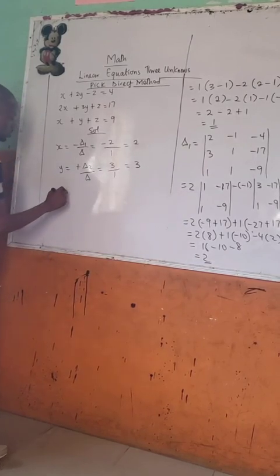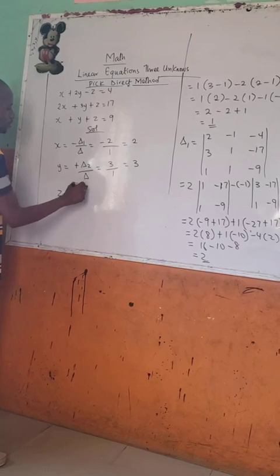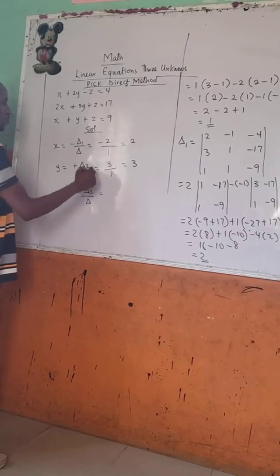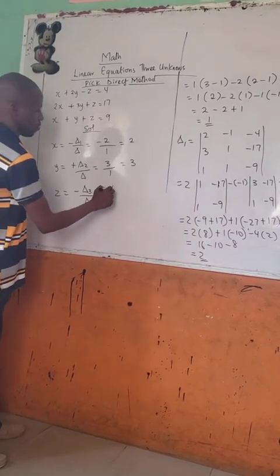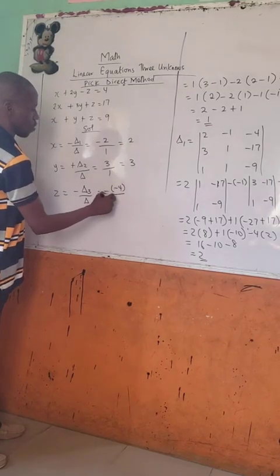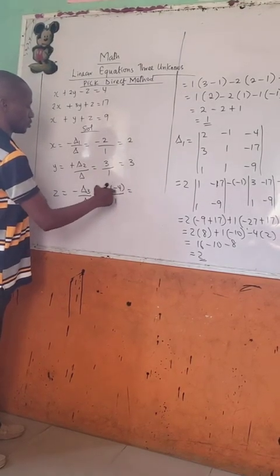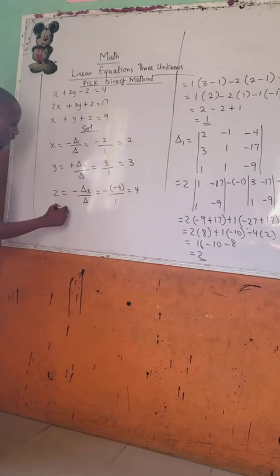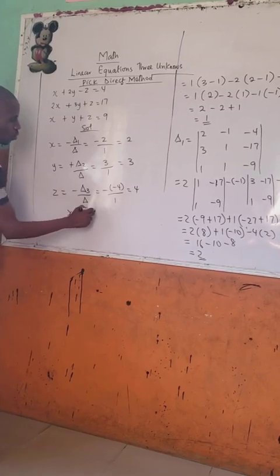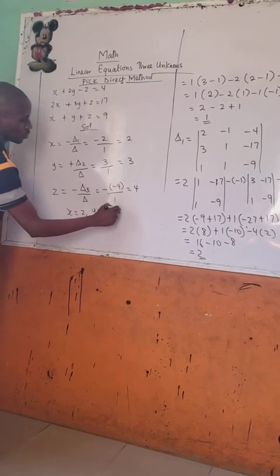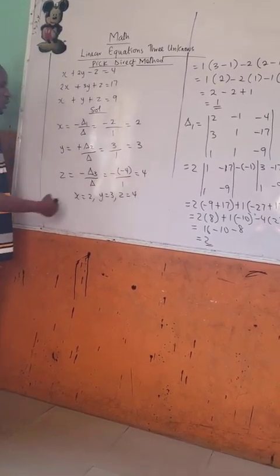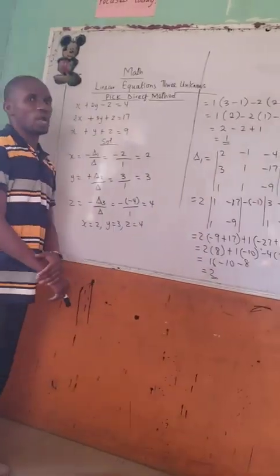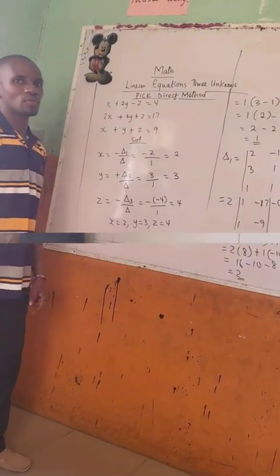Now our Z, we have a minus delta 3 over delta. That's minus 4 over 1. Minus times minus gives us plus. So this is 4. So our X equals 2, Y equals 3, and Z equals 4. So this is how to solve a system of linear equations using the Cramer's direct method. Thank you.